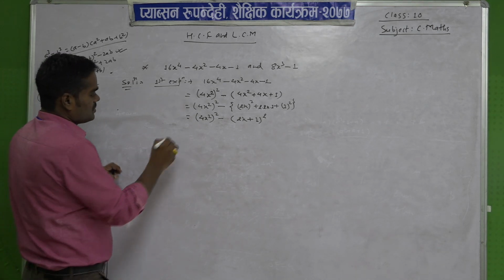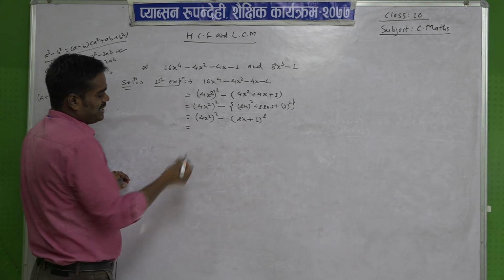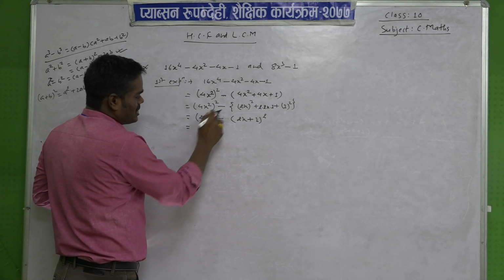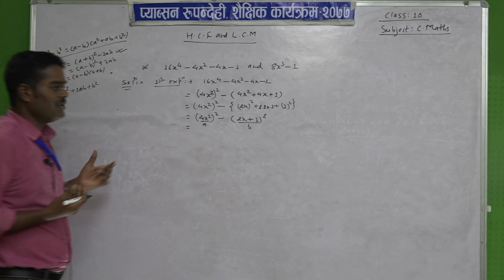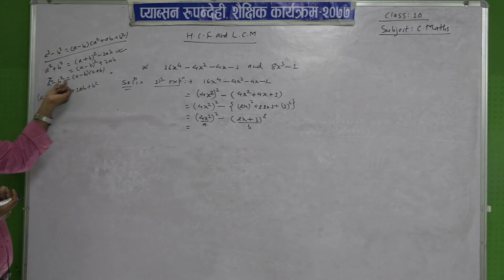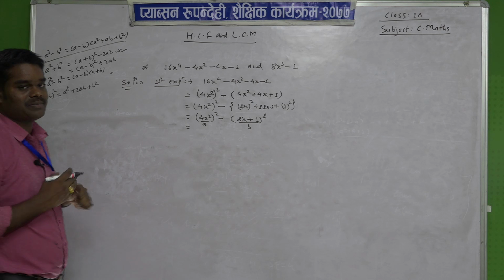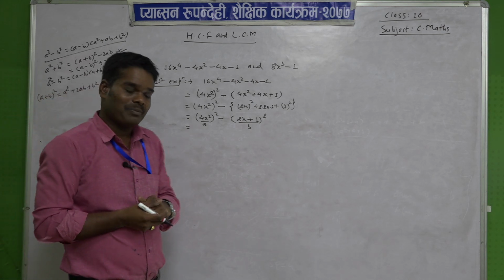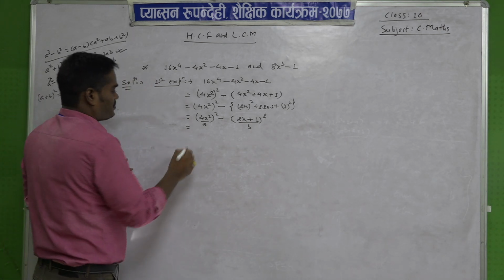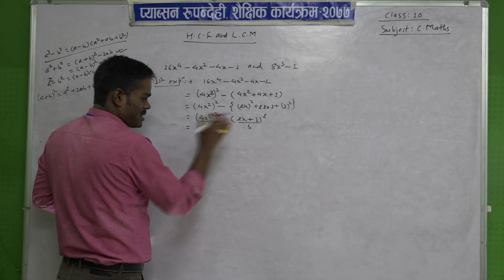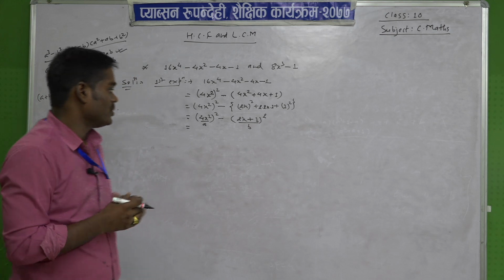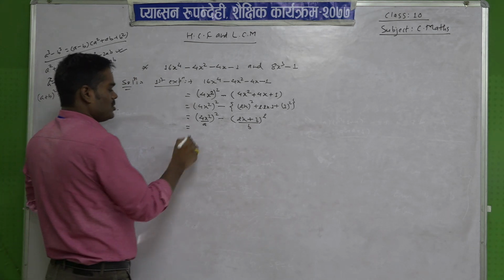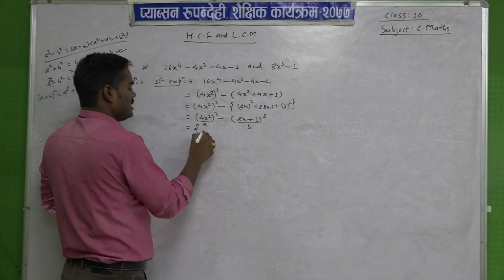And now you are watching very sincerely, it again became a square minus b square. So again we can use this formula, a square minus b square means a minus b and a plus b. Here, if the last term has more than one term, we should keep it inside the bracket. That is why put the curly bracket here.